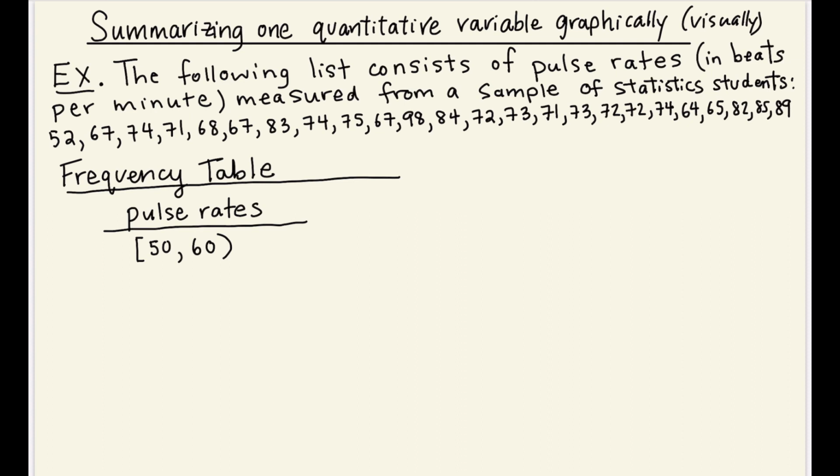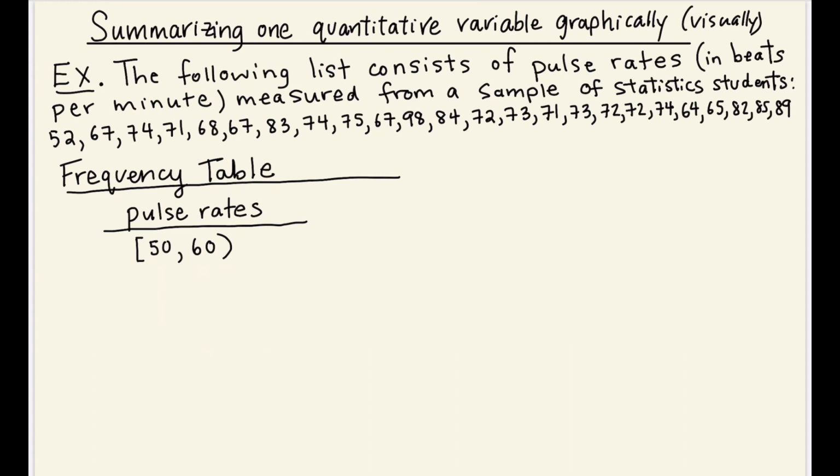I want to be clear that this notation you're seeing right here, the 50 to 60, means more specifically that the pulse is greater than or equal to 50, but strictly less than 60. Okay, so 60 is not included here, but 50 is. You could also just write the class as 50 to 59. That's fine, and you'll see that a lot also.